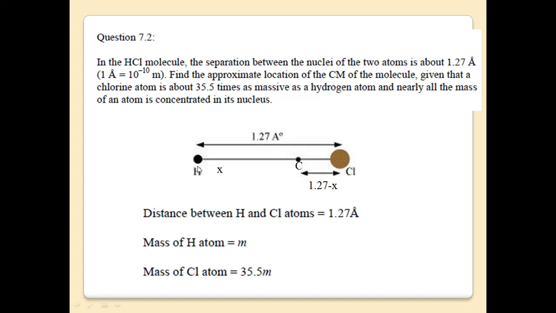Now the distance from the hydrogen atom to the center of mass we'll consider as x. And therefore the distance from the chlorine atom to the center of mass will be 1.27 minus x. The mass of the hydrogen atom, if it is m, then the chlorine atom mass is 35.5 times the mass of the hydrogen atom.